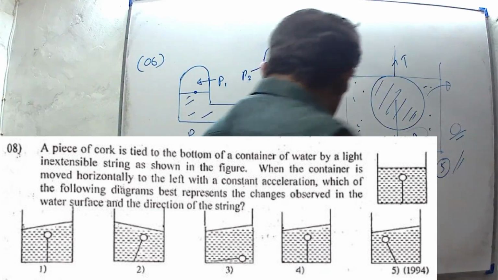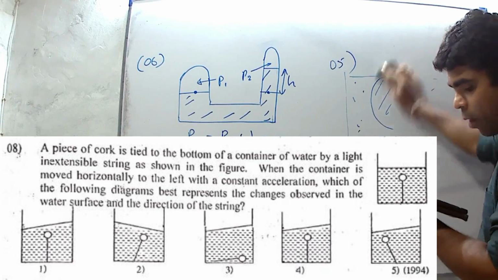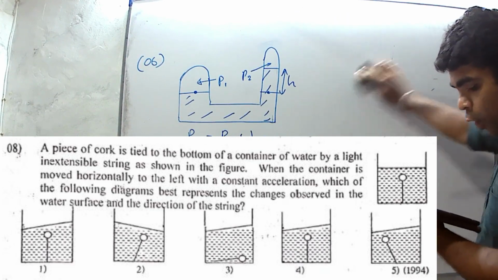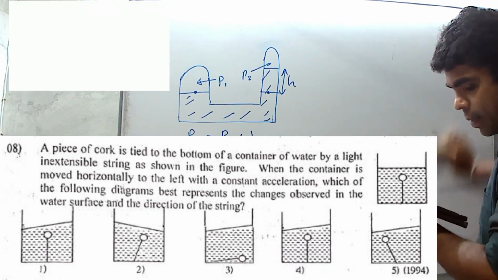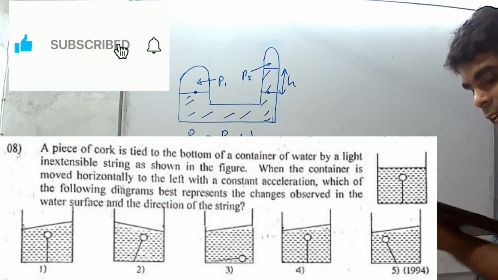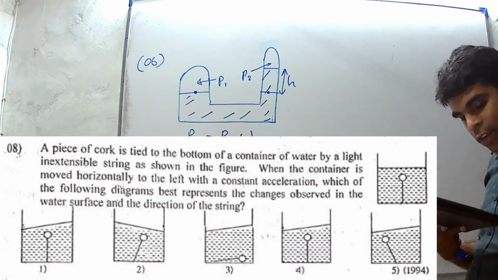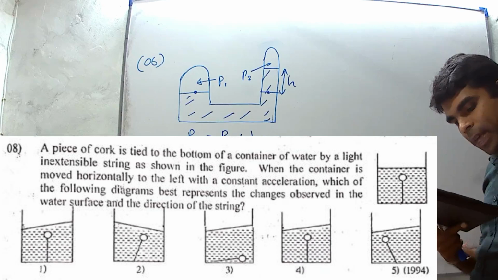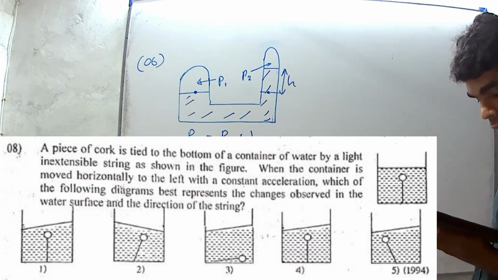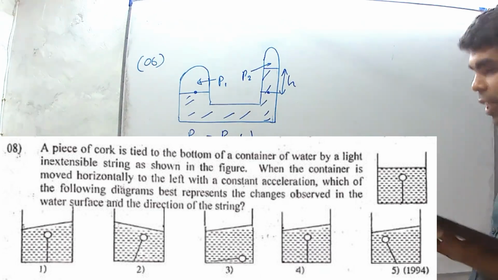Question number 8. A piece of cork is tied to the bottom of a container of water by a light inextensible string as shown in the figure. When the container is moved horizontally to the left with constant acceleration, which of the following diagrams best represents the changes observed at the water surface and the direction of the string?